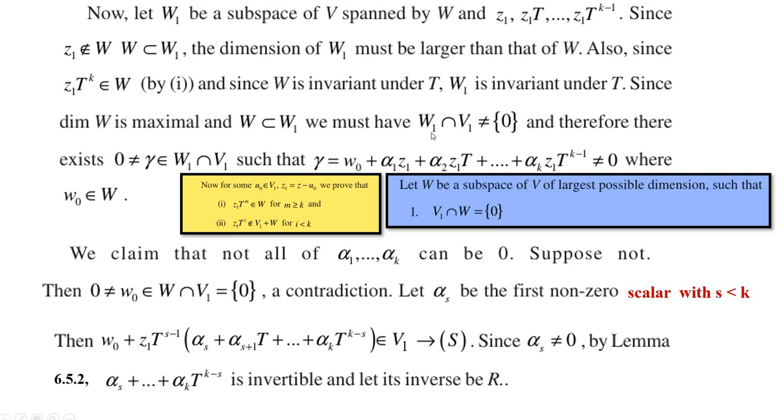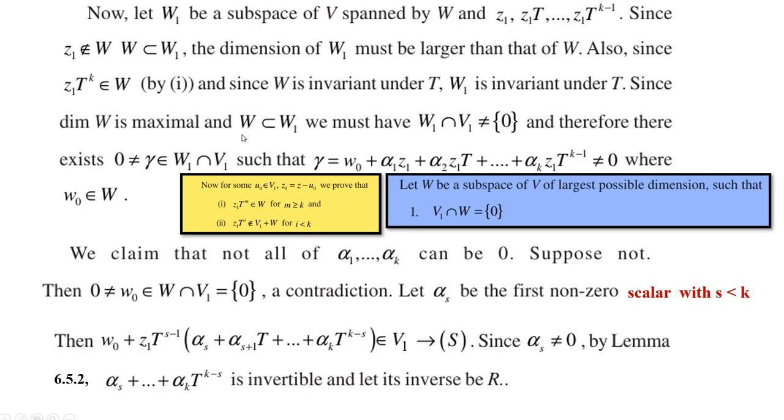So what is the inference? You cannot have the intersection of W1 with V1 to be 0. Because we have said that W is the subspace of V with maximum dimension such that W intersection V1 is singleton 0.